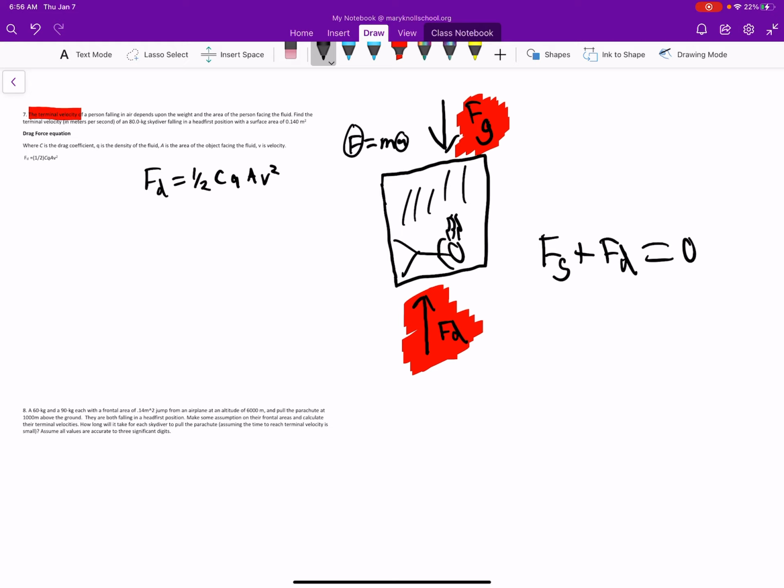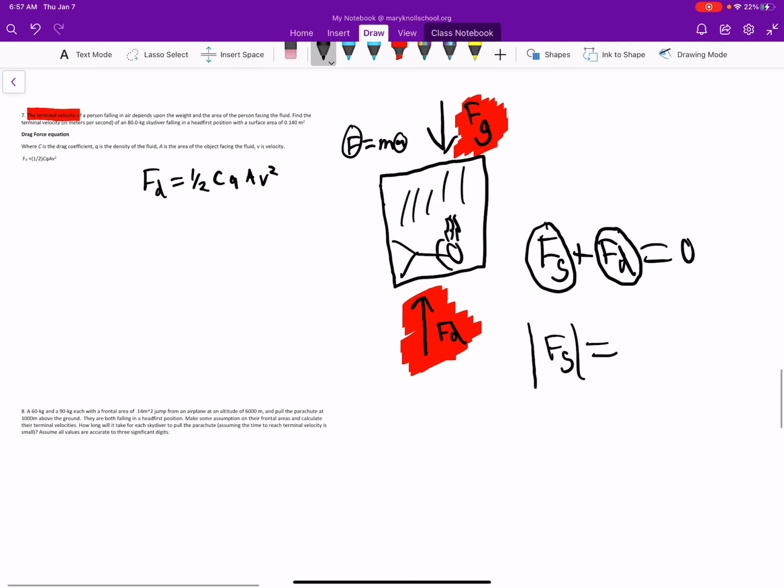So the force of gravity, we already know that this one's negative because it's pulling downwards. And we already know that this one's positive because it's pushing upwards. All right, so if we just take the absolute value, make them both positive basically, the magnitude of the force of gravity equals the magnitude of force drag.